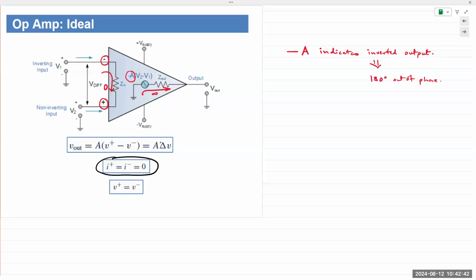And because it's very close to 0, we note that the inverting and the non-inverting terminal are shorted together. And at the same time, funnily enough, we also say that they're open.